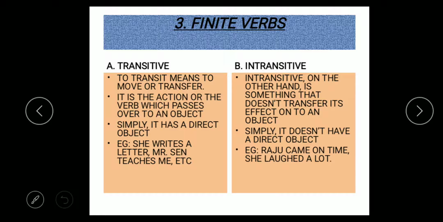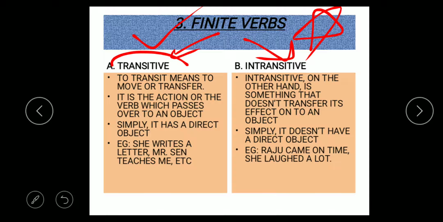Next topic is finite verb. A very important portion. This finite verb is further subdivided into transitive and intransitive. To transit means to move or transfer.